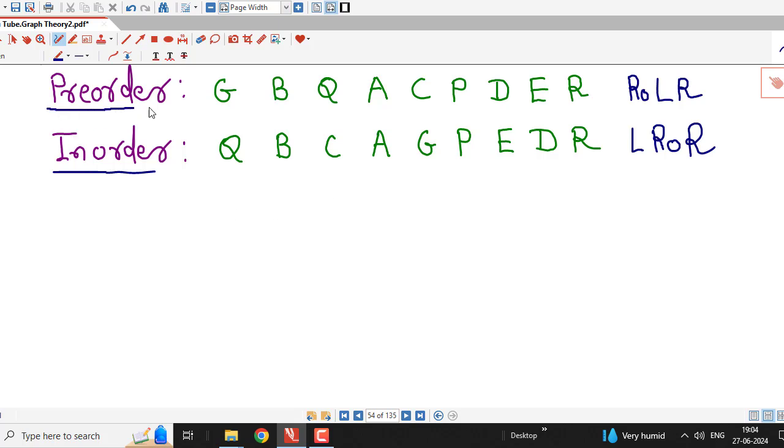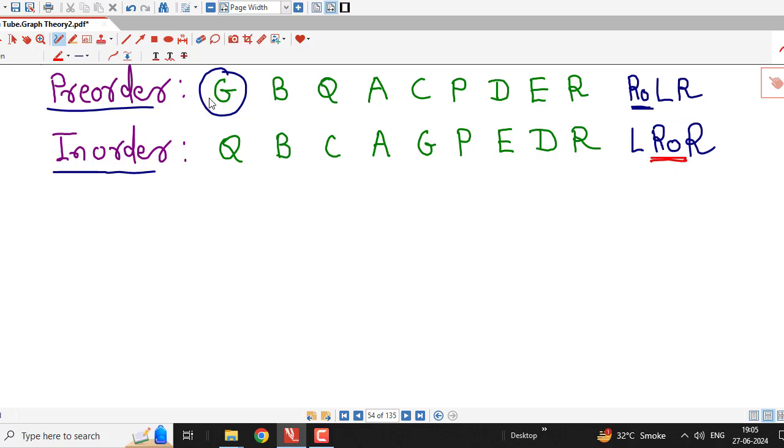So from pre-order we can determine the root of our binary tree. We know that in pre-order traversal the first node is always the root, so G is the root of the binary tree which we are interested in constructing. And in in-order traversal the root is in between the left and right subtree.